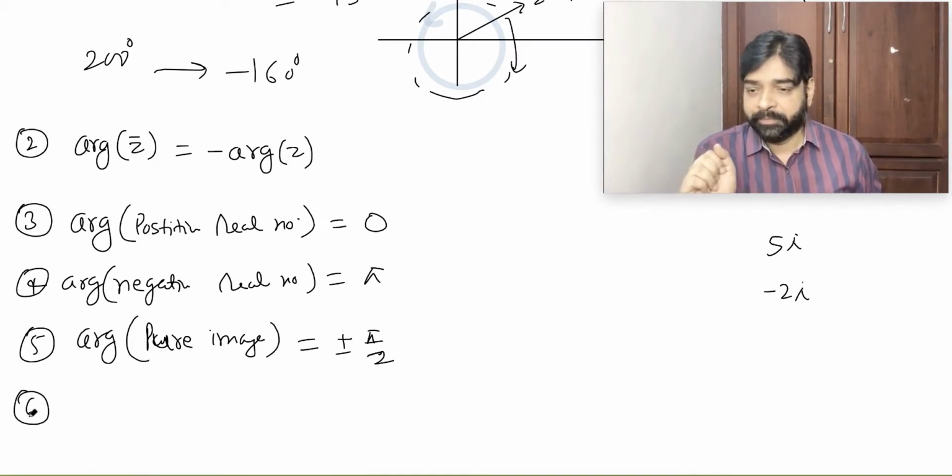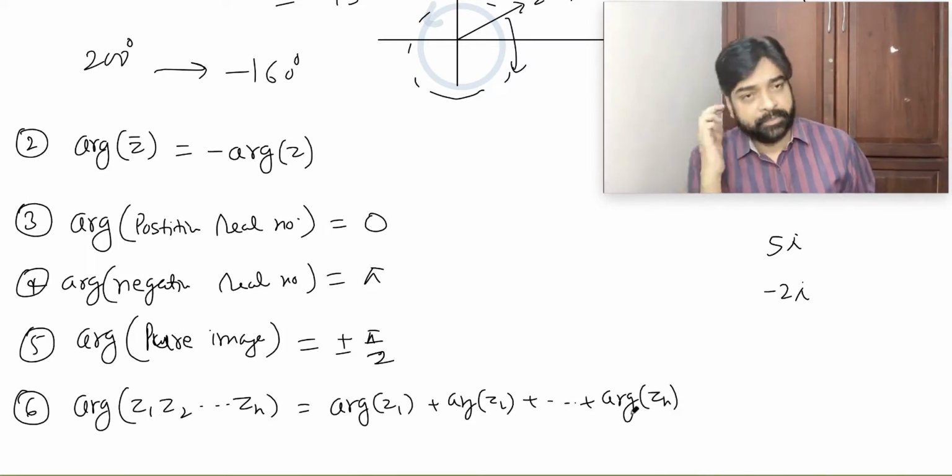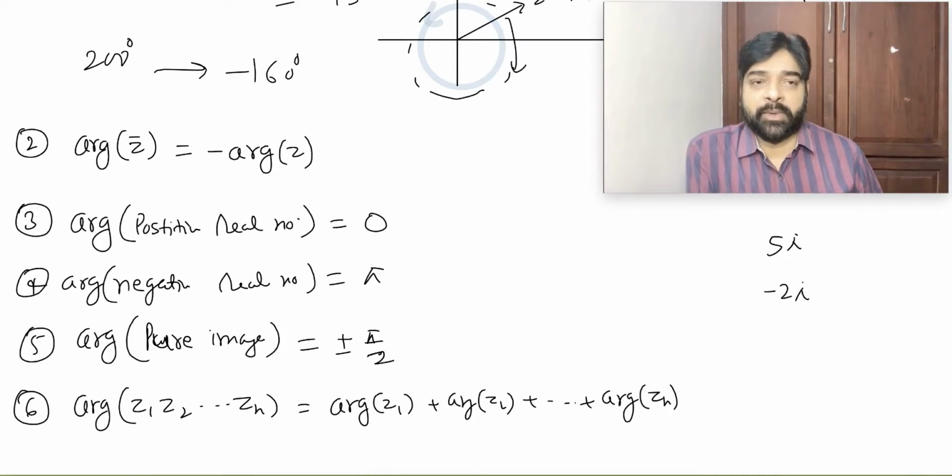Next one: argument of Z1, Z2, and so on, Zn is equal to argument of Z1 plus argument of Z2 plus so on, argument of Zn. I hope you understood how I wrote this point.